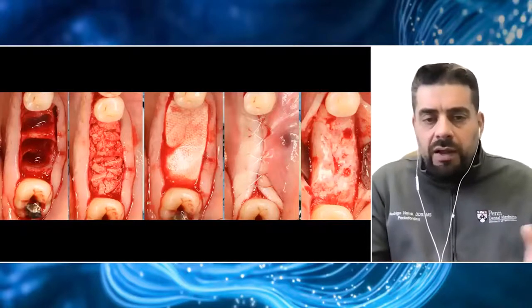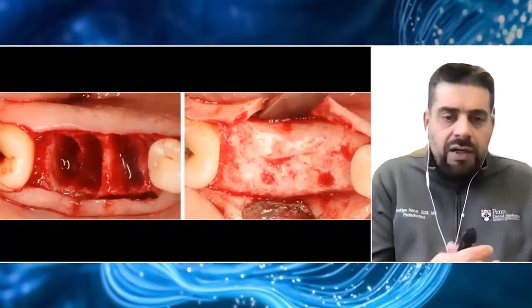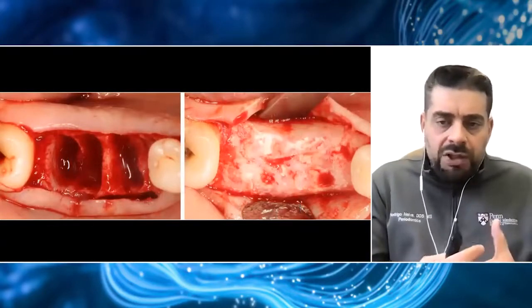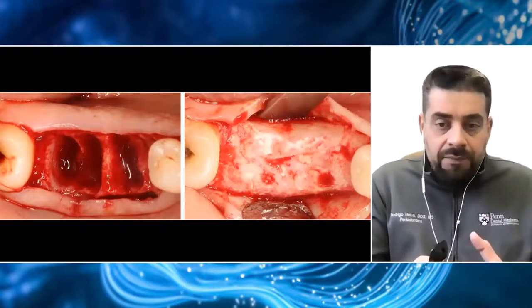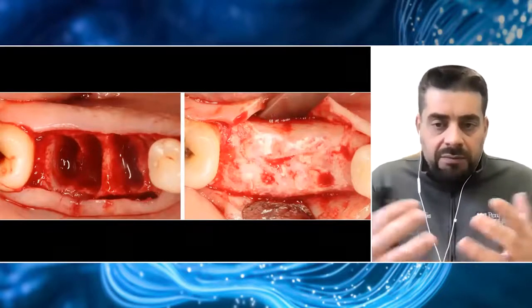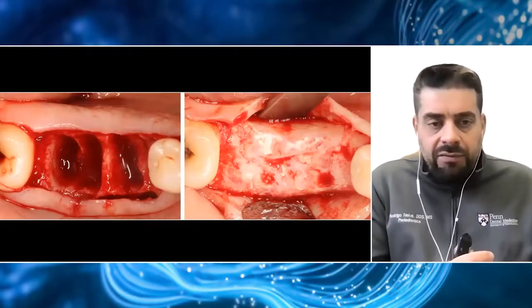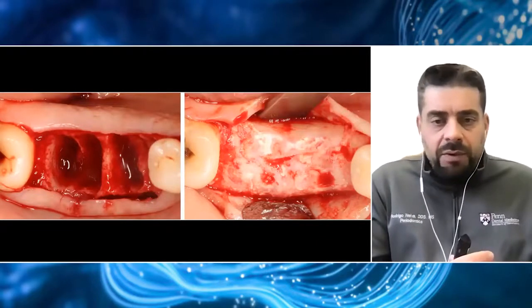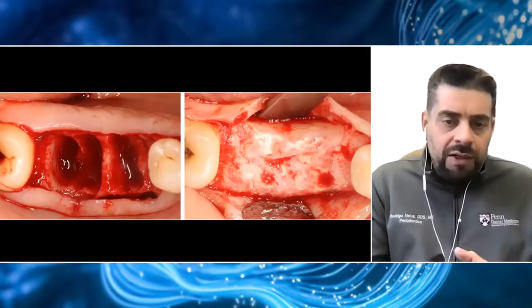So if you compare before and after, and this is a 4-month re-entry on that site, you can appreciate that ridge dimensions have been properly maintained, but we have a very acceptable result now, or a very ideal site for implant placement. So very interesting technology for bone formation.